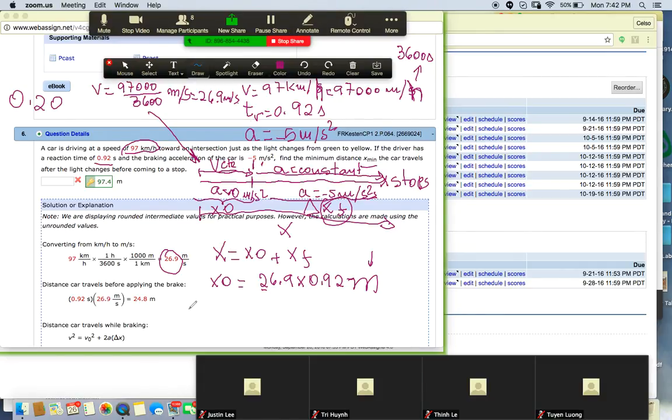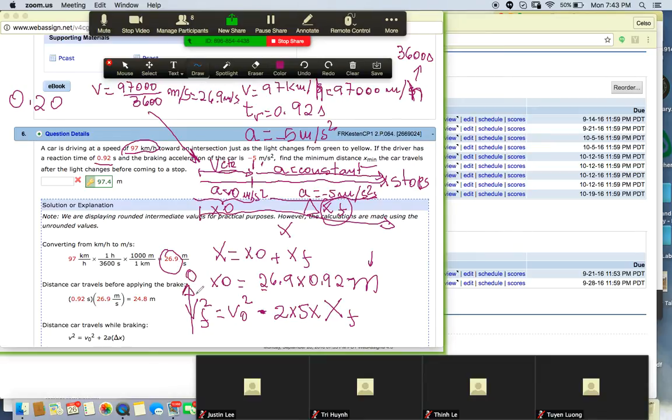The equation is: final velocity squared is equal to initial velocity squared minus 2 times acceleration times the distance the car travels. When you don't have the time given, you can use this equation because the time is not part of it. Your final velocity when it stops is 0.